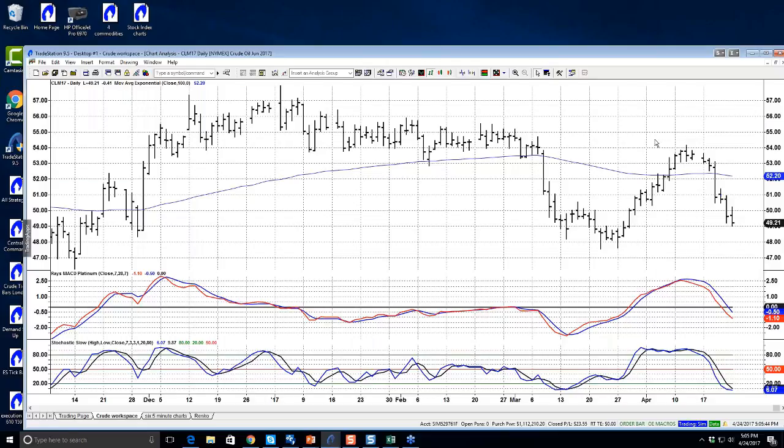For example, what do you think prices are going to do over the next 24 hours? Well, take a look. We've had 1 down close, 2 down closes, 3, 4, 5, 6. 6 down days in a row.